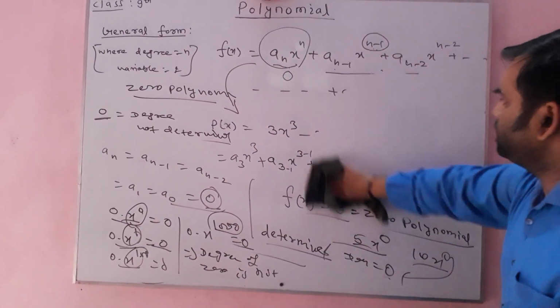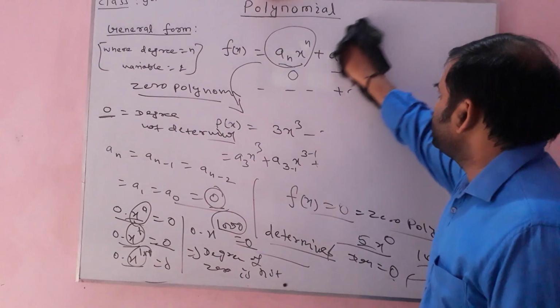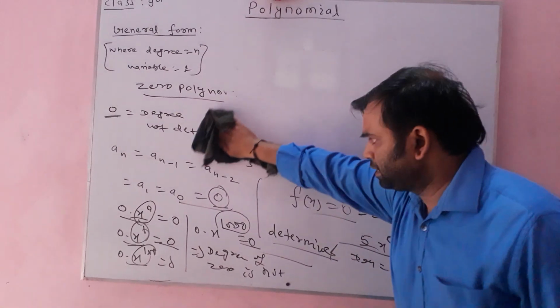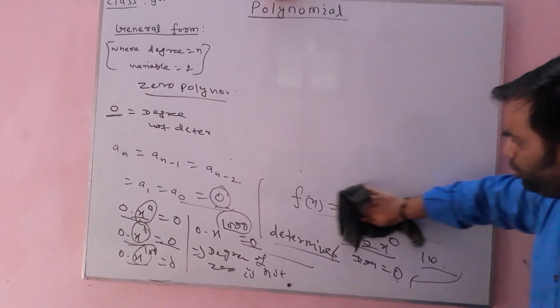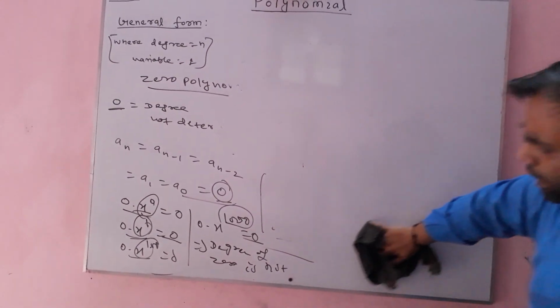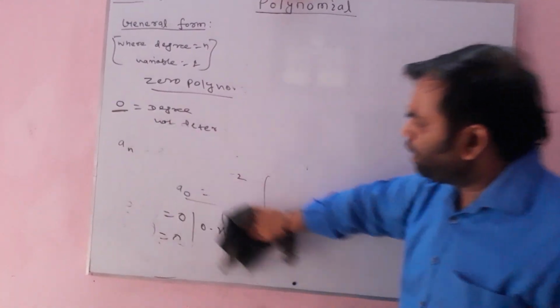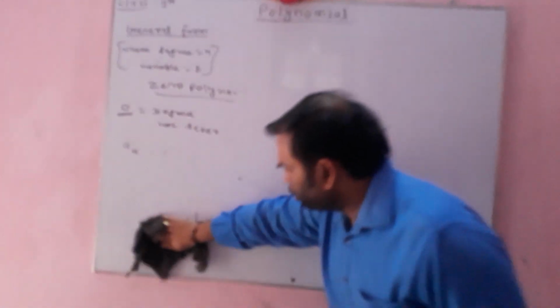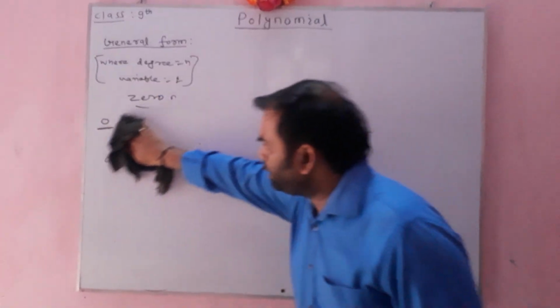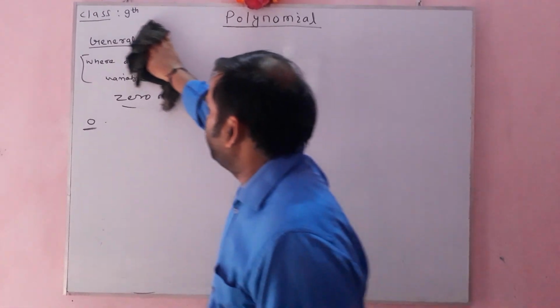What would be your answer? The answer is, in the zero polynomial the degree is not defined, and in constant polynomials the degree is 0. 0 is a constant, but its degree is not defined.